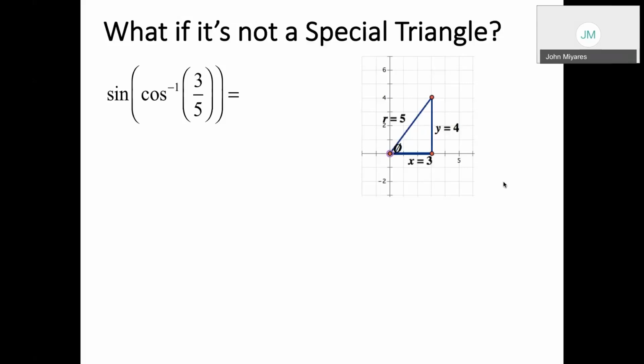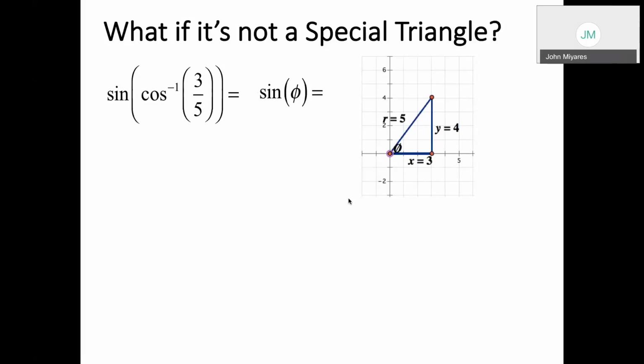Here's that reference angle where the cosine, adjacent over hypotenuse, is going to be 3/5. The angle in question I've marked with a little Greek letter phi here. So now we can rewrite our problem in terms of that. By asking what is the sine of the inverse cosine of 3/5, I'm really looking for the sine of that angle phi in that reference triangle.